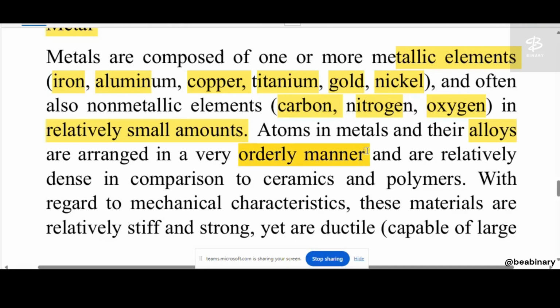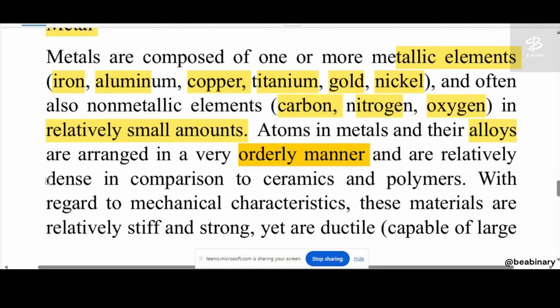The atoms, either metallic or non-metallic, whatever elements are present in the metal, would all be in an orderly way, a very orderly, fashioned way, right? And they are relatively dense in comparison to ceramics and polymers.